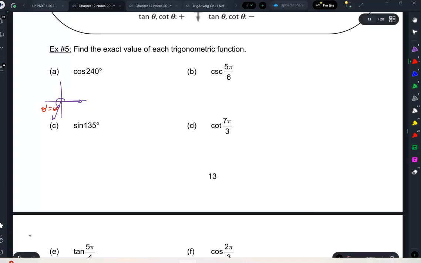So what we want to do is find cosine of 60 degrees. Remember we had those cute little triangles before? Remember how I said you should be able to draw one at any moment? So 1, root 3, and 2. So now the cosine of 60 is adjacent over hypotenuse, 1/2.